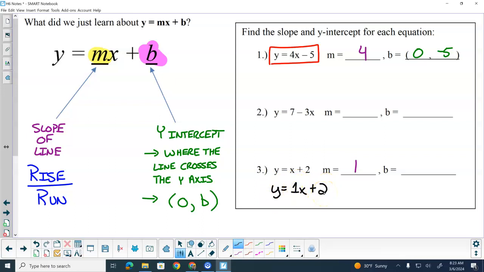If that's my slope, what's my y-intercept in this one? (0, 2) would be my y-intercept, because that tells me I have to put parentheses around it. (0, 2).